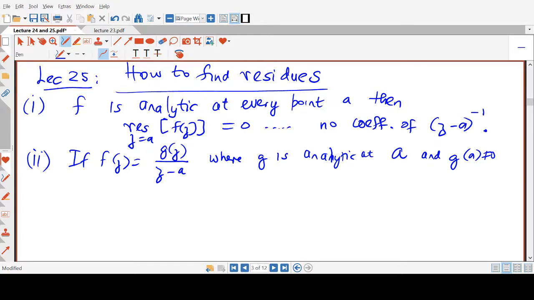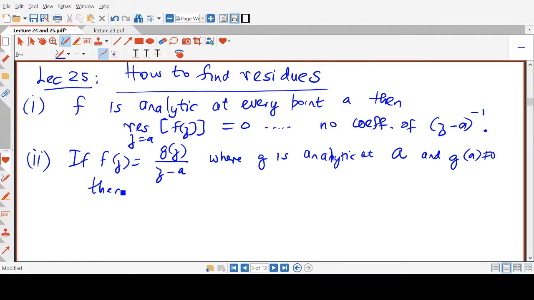In other words, there's no z minus A on top. If there were a z minus A, it would cancel. By saying g of A is not 0, it means that there's no factor z minus A. It's called the factor theorem. You did that in high school, right? Remainder and factor theorem.